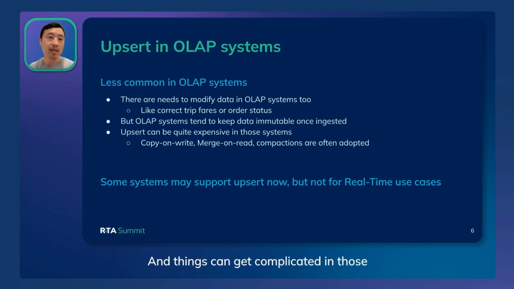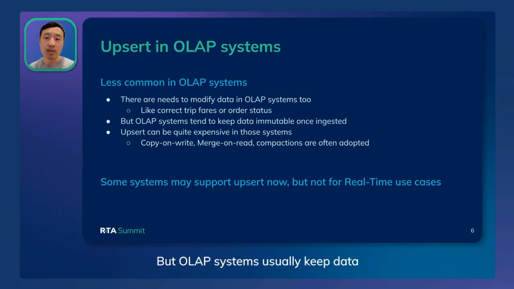So what about OLAP systems? Things can get complicated in those online analytical processing systems when doing Upsert. First of all, there is a need to modify data in OLAP systems as well. For example, we may want to update trip fares or change the order status later on, and we want to make those changes in the OLAP systems as well.